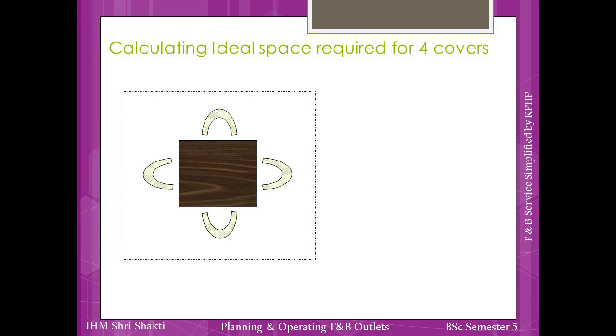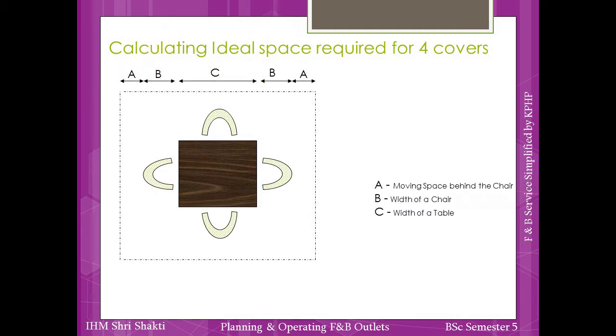In this, one side of the square is divided into a few parts. A is identified as the moving space behind the chair. If you see here, from here to here is the space behind the chair.